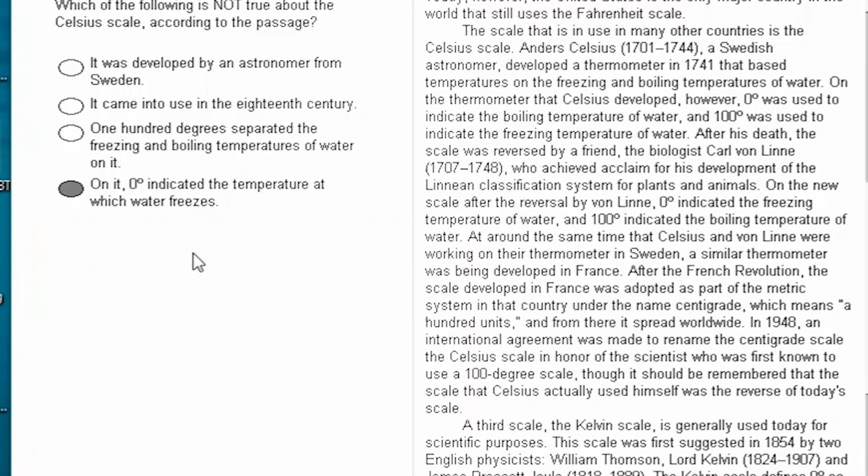The original one, this would be false. So I'm going to go with D here because I think that's a much better answer. We could interpret it came into use because the friend who reversed it was also in the 1700s, the 18th century. So he had to use the scale, and definitely the scale came into use at the time. So I'm going to go with this one.